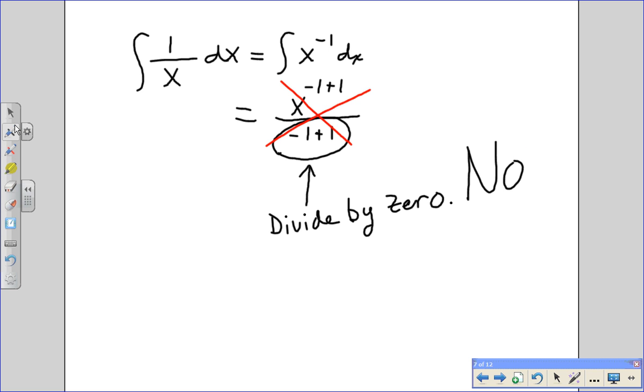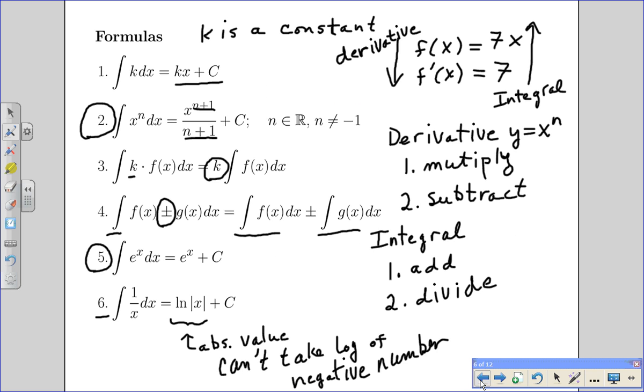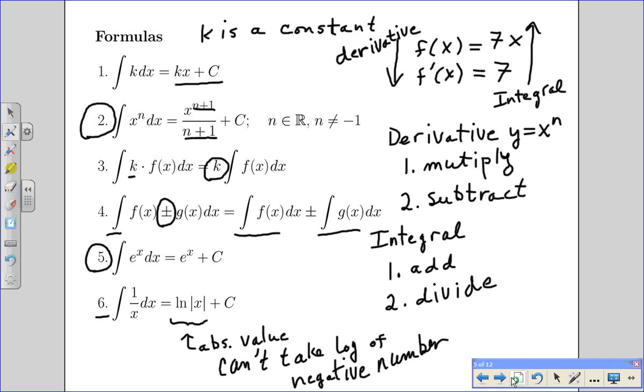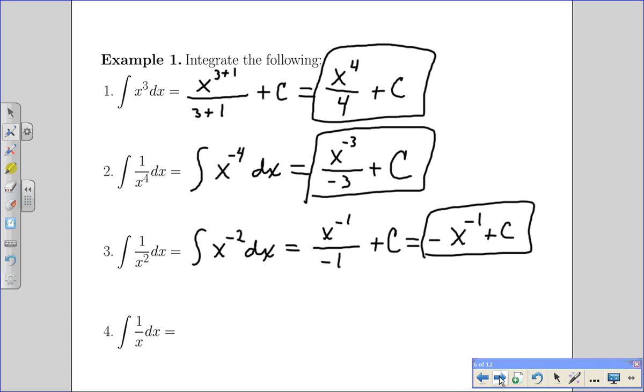What you want to do is you want to remember the rule, number 6. The integral of 1 over x is the natural log of x. This is going to be the natural log of the absolute value of x plus c.